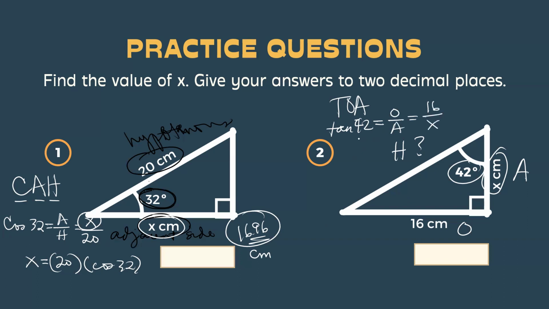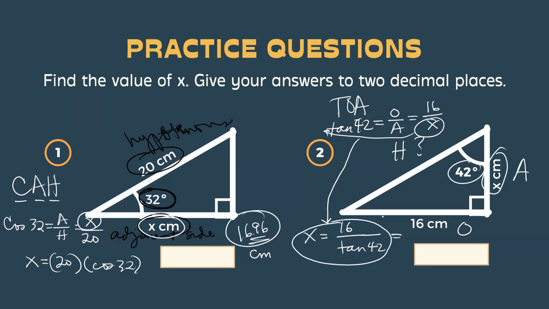If we solve for x, we transpose it to the other side. So x is equal to 16 over tangent 42. Then, get your calculators. Try to solve this, everyone.